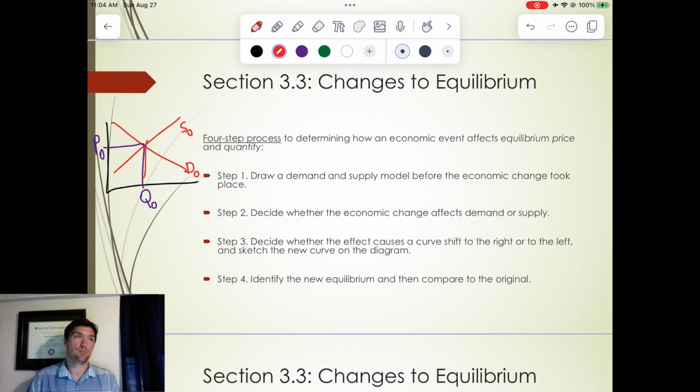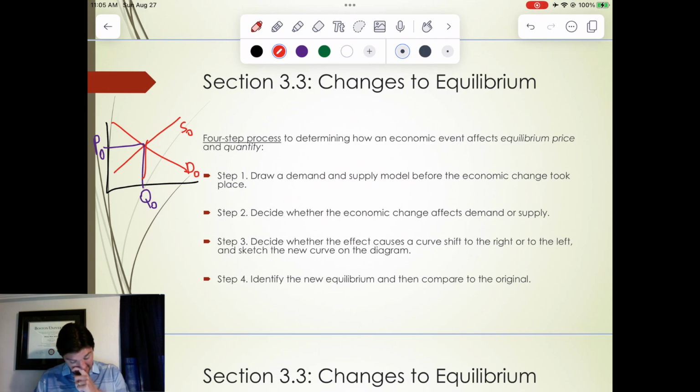If businesses are wanting to improve technology, well, then that's going to be the supply side. Now, there's going to be a little bit more complicated ones that are coming up, but if you go back to, okay, does that change me, right, about what would I buy, or would that change something a business might do, that's going to help you determine if it's demand or supply.